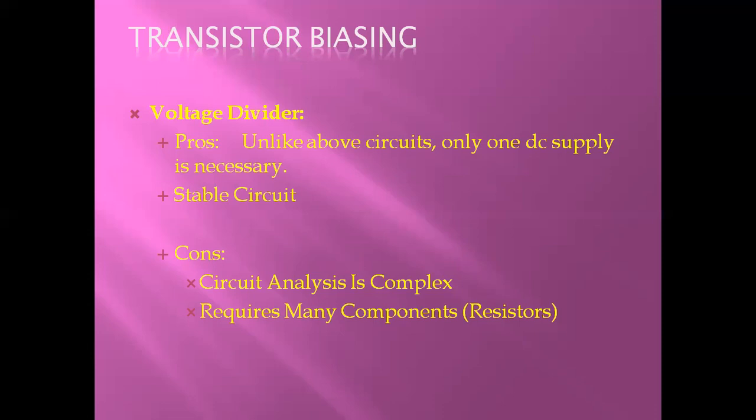So this is the detailed discussion regarding the BJT, its operation, its biasing systems, and the characteristics that are obtained upon applying voltage across the three different terminals, that is base, emitter, collector.